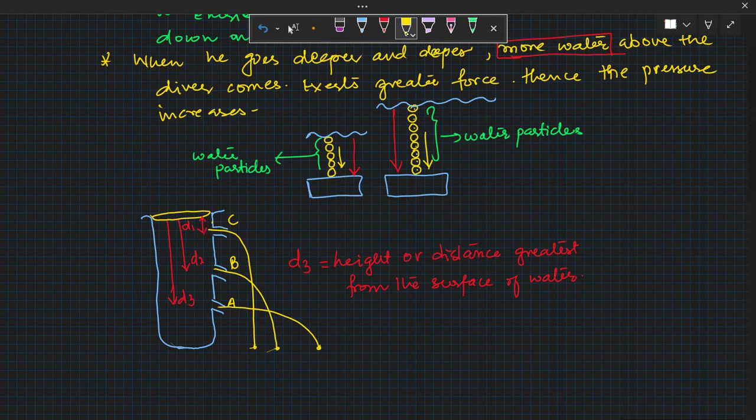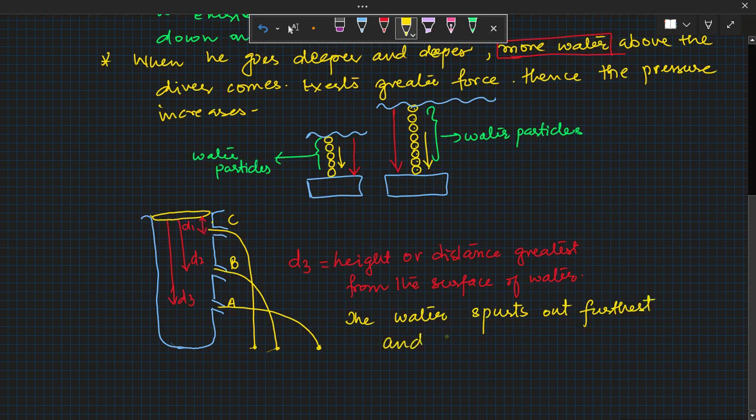Remember this thing, okay? So the water spurts out furthest and fastest from the bottom hole. Clear?